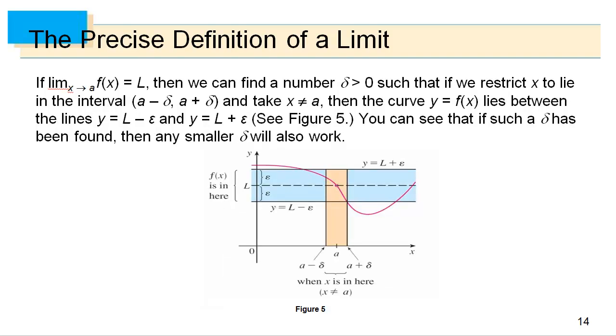Well, if you look at the intersection of the blue epsilon stuff and the function, you'll see that it actually hits here and here. But because we want the neighborhood around A to be symmetrical, we can't have this distance and then this much bigger distance over there.